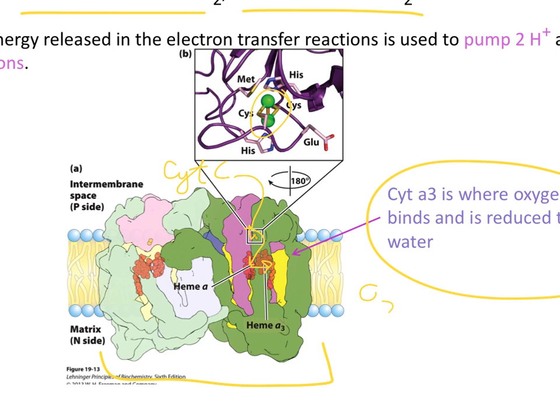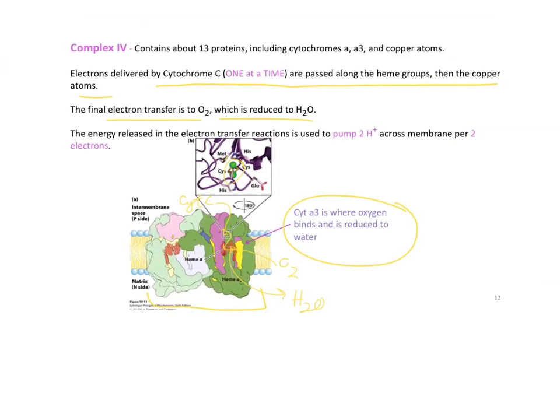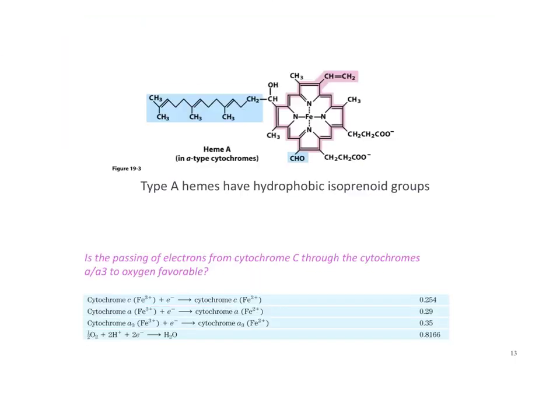And this is where oxygen comes into A3 and leaves as water. And type A hemes have isoprenoid functional groups, so they're associated with the protein through hydrophobic interactions. And again, the passing of electrons from cytochrome C to A3 to oxygen is favorable.